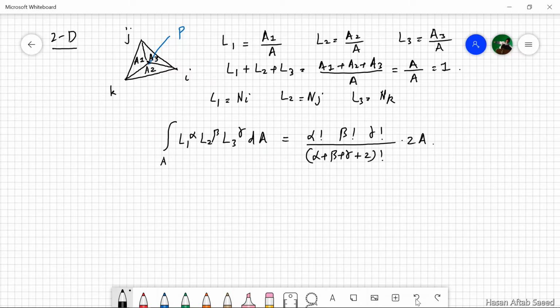In 2D cases, there are also occasions when we have to calculate a line integral in a 2D problem. For example, let's say this is a ball with pressure like this.